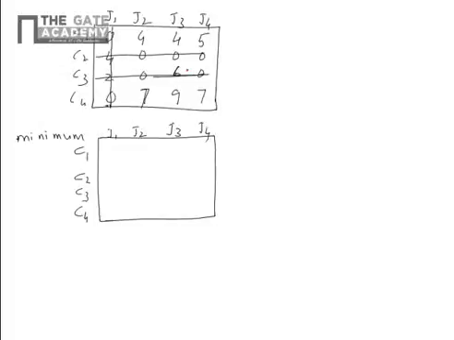So again you have to use the other method. Look at the uncovered values like 4, 4, 5, 7, 9, 5, 7, 9, 7. Take the minimum value and subtract it from all other uncovered values, and add that 4 at the intersection points.